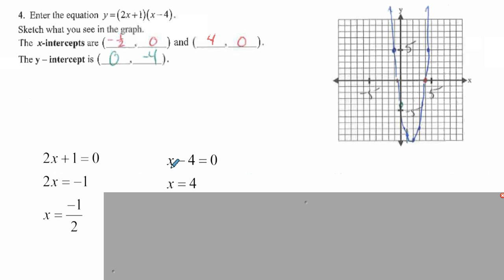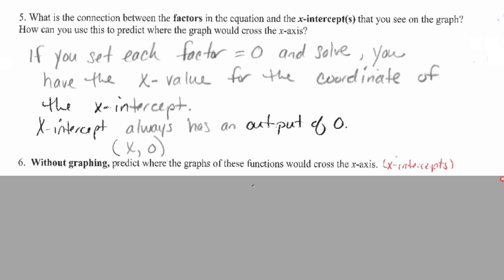And if it was x minus 4, you add 4 to each side. That's how we got the 4. Notice those are the x values for the coordinates of your x-intercepts. So again, we should be able to look at an equation in factored form. With this pattern in mind, we now could predict the locations of where our quadratic functions cross the x-axis, which are your x-intercepts, without having to do the graphing feature.